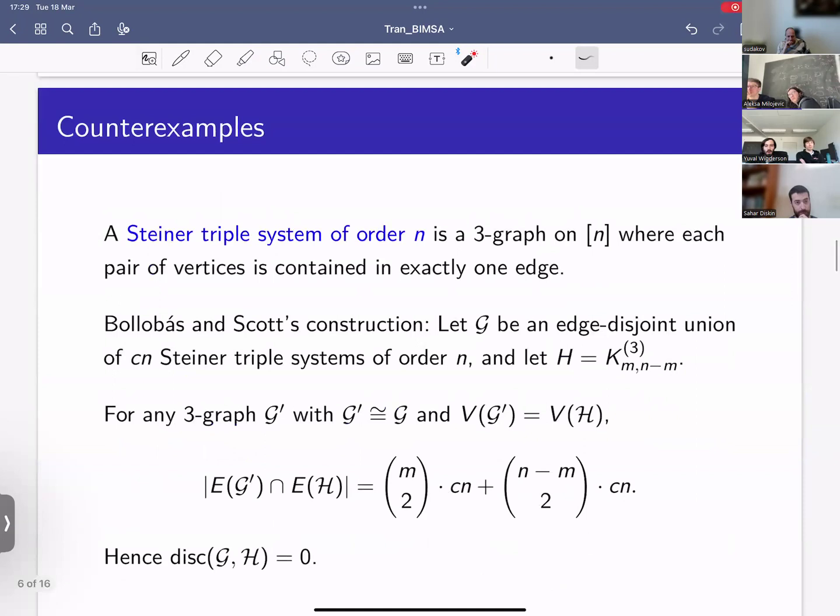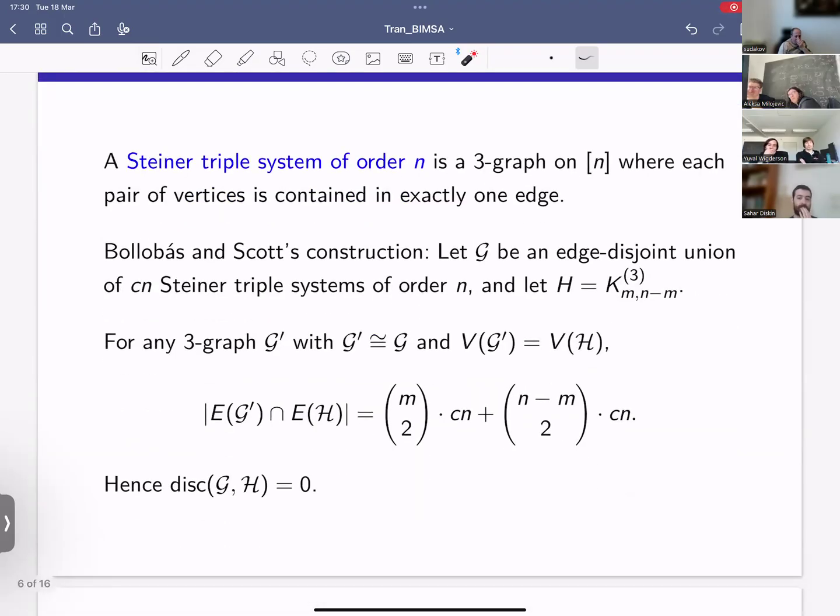Since the counterexample is quite simple, let me briefly tell you the construction and explain how to extend it to all uniformity. A Steiner triple system of order n is just a 3-uniform graph on n vertices, where each pair of vertices is contained in exactly one edge.